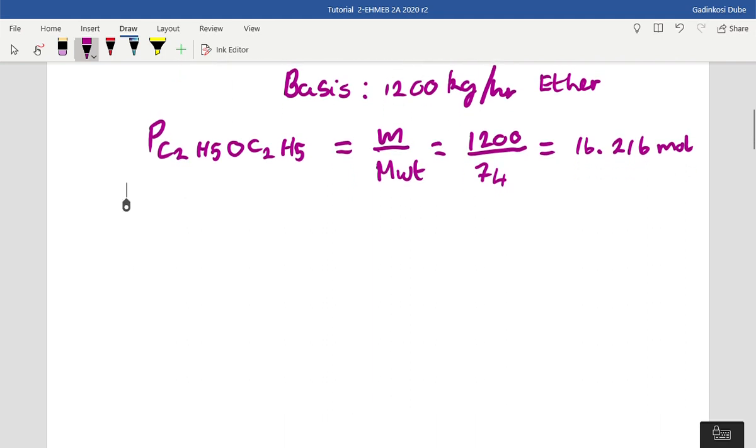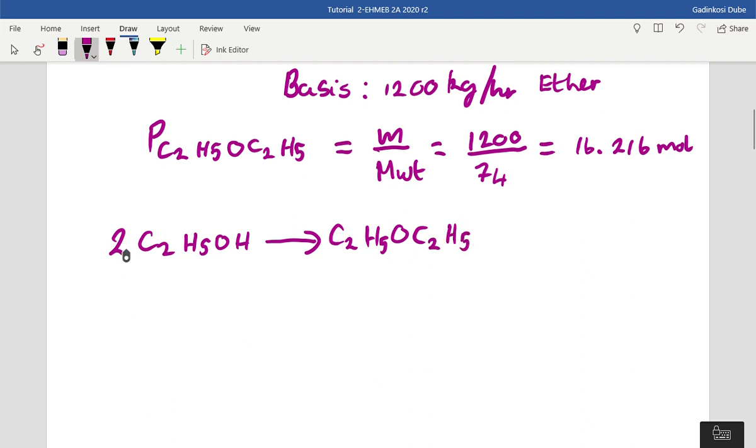Okay, so now what follows next is writing a balanced reaction equation. So this is your balanced reaction equation. So you see 2 C2H5OH, that's your ethanol, gives C2H5OC2H5, that's your ether plus water. Okay, so this is your chemical reaction equation. Now, because this is the product, you can actually use stoichiometric molar ratios to determine the other.